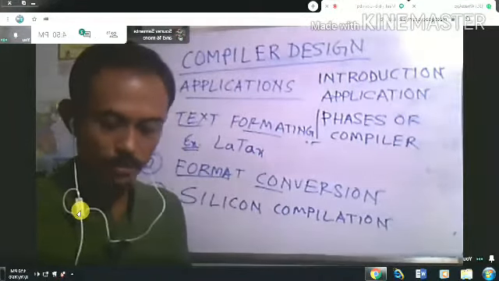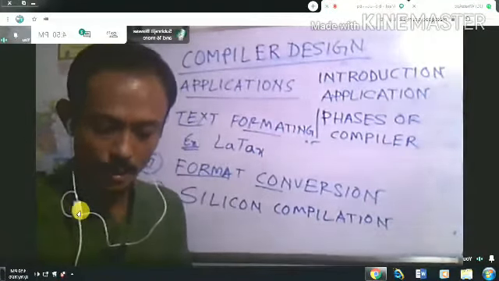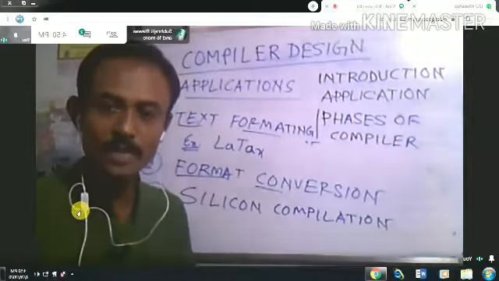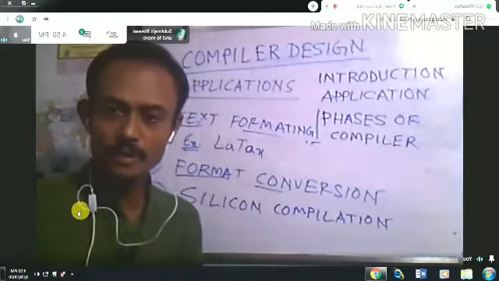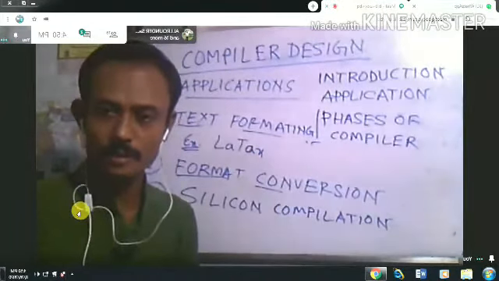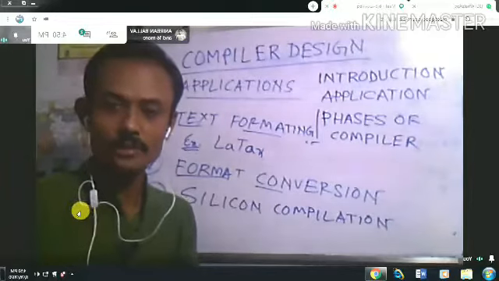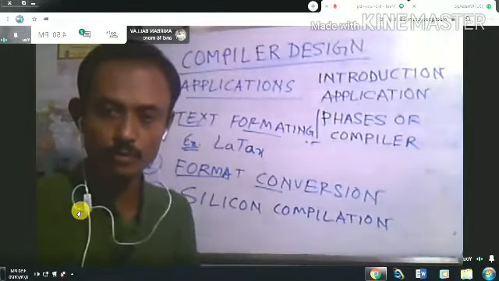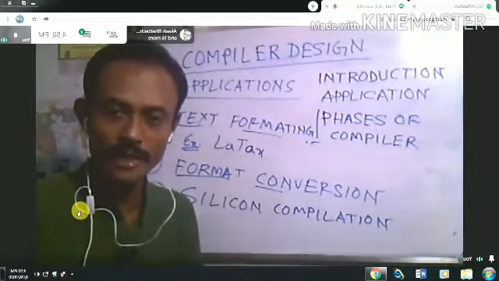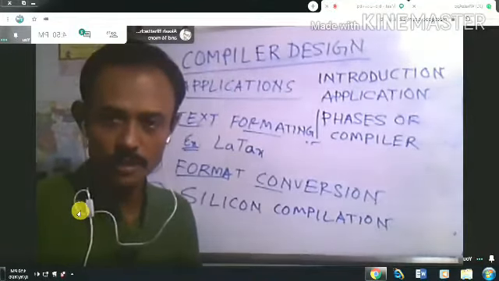Now, our subject is not about understanding the compiler, actually we will understand how to design the compiler. In our syllabus for this subject, we will learn the different phases of designing a compiler. If you want to design a compiler from scratch, then what may be the different phases?